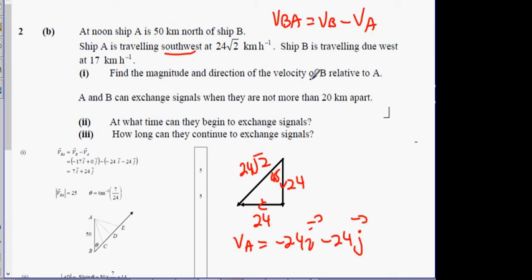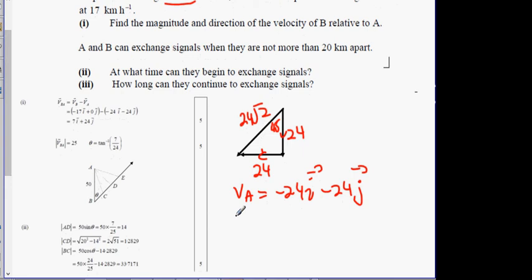That's our velocity of A. Now, ship B is travelling due west. Velocity of B is going to be minus 17i, going directly to the left.